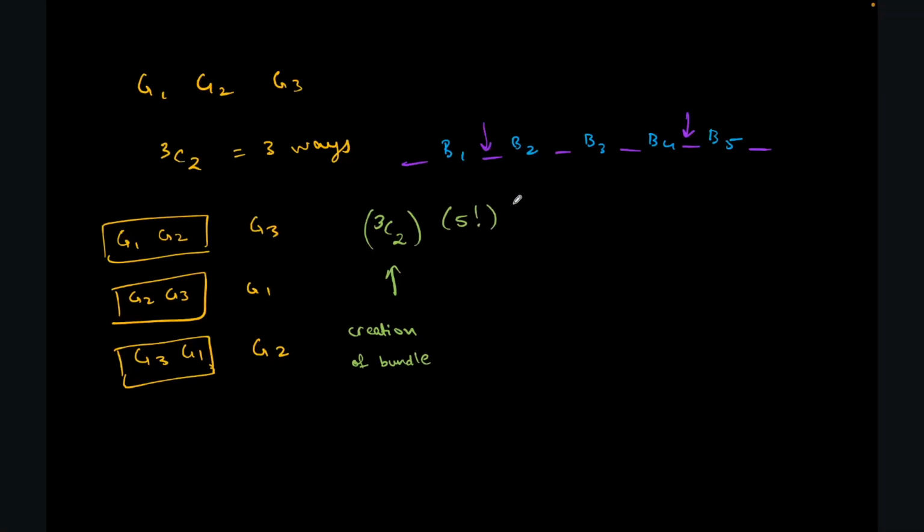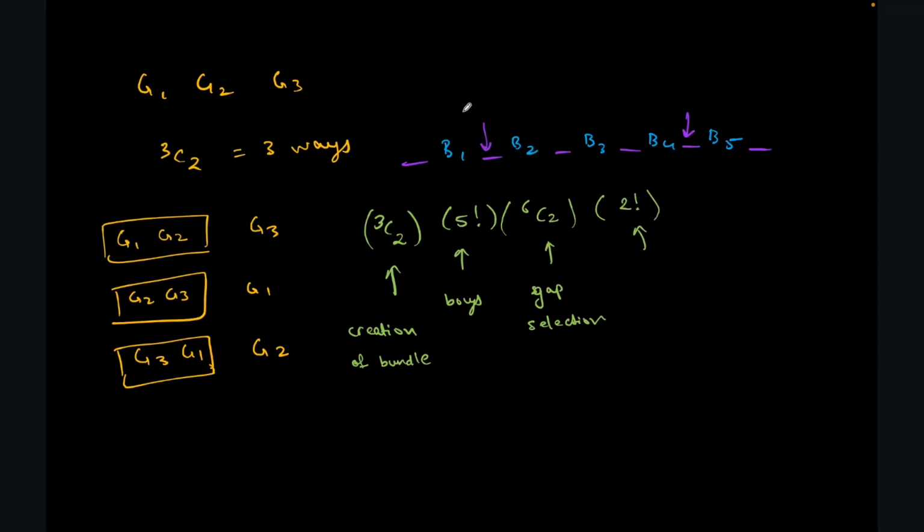Then we have the 6C2, which is the selection of gaps, or I can call it gap selection. And then we have the arrangement of the gaps, so 2 factorial will be the arrangement of the gaps.